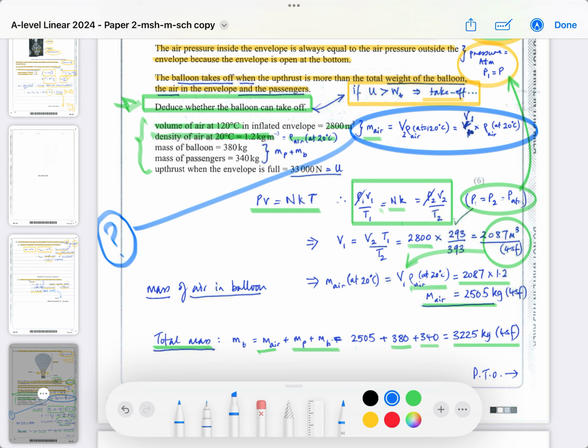So I think that makes sense. The volume at 120 degrees was bigger, 2,800, before it was less. So you've exchanged volume for density. Okay, the expansion causes a loss of density. So I think it's fair to assume that the mass of the air is constant. Okay.